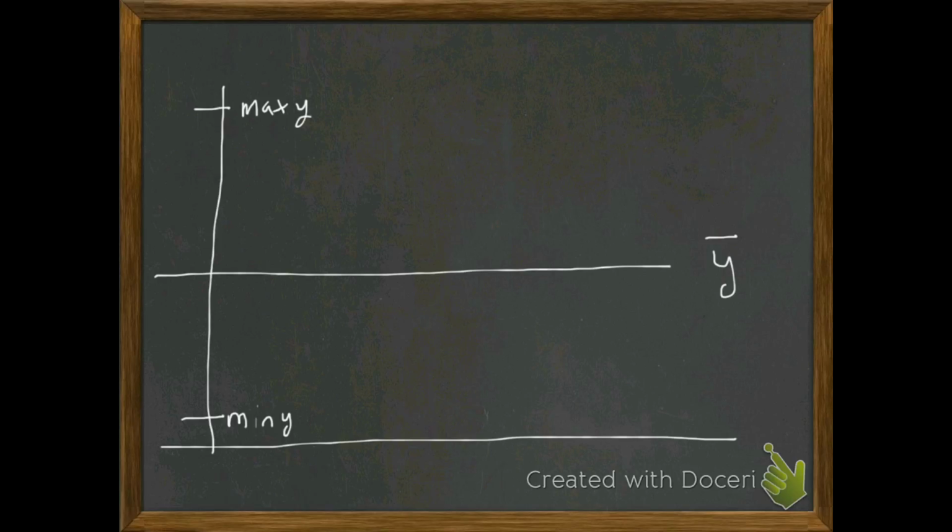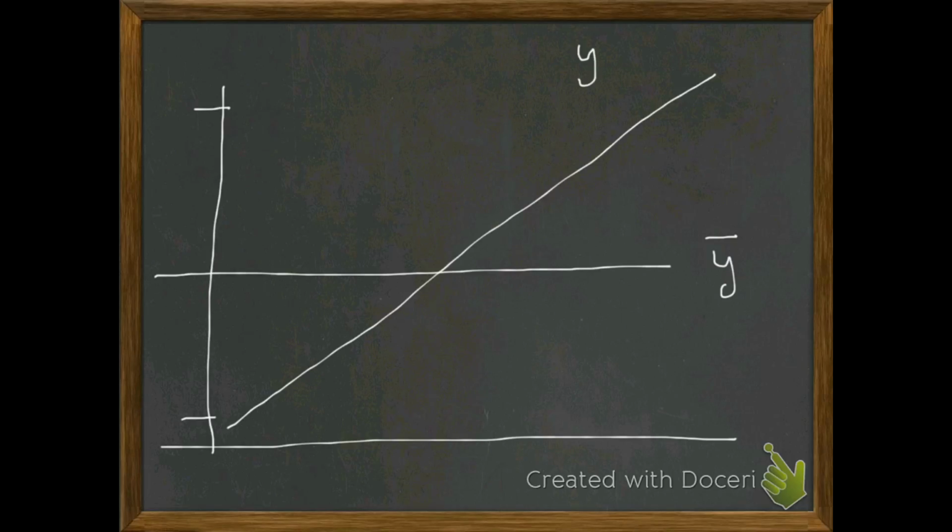We could also see that we have our regression model, which I'll call y hat equals b0 plus b1x.